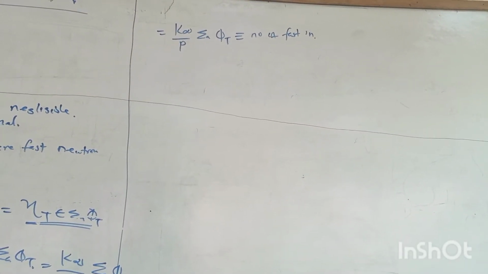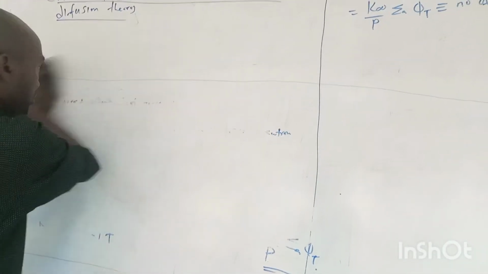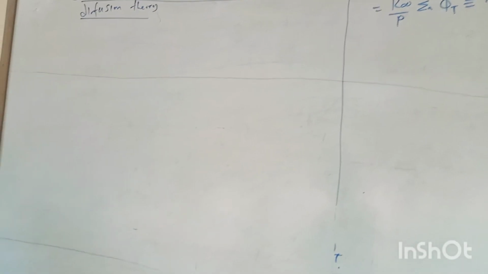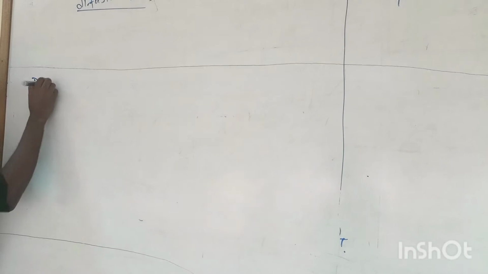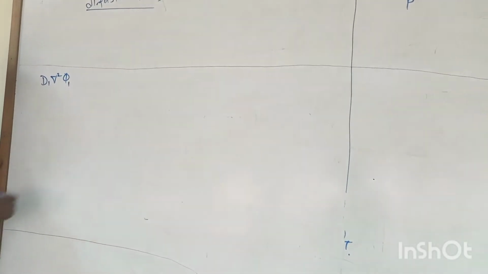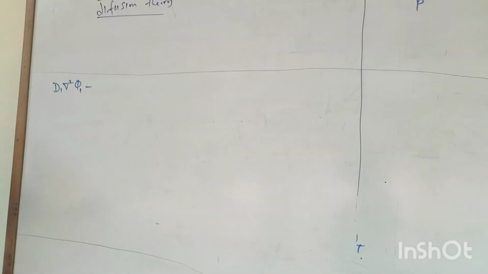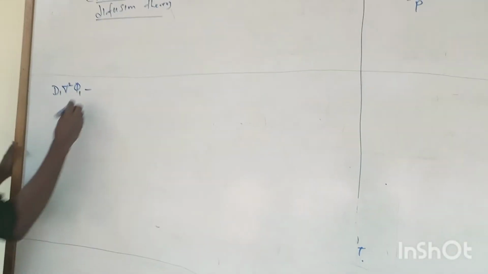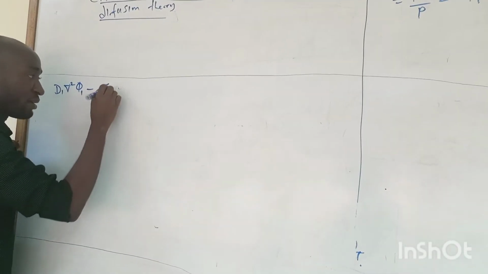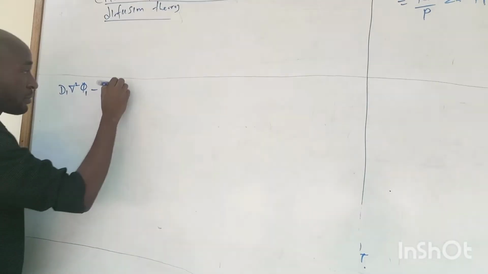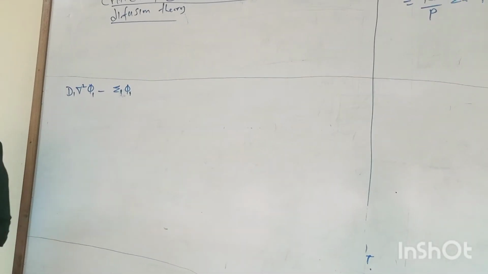Okay, let's now return to our normal diffusion equation. For the first group, we write D1 ∇²φ1, but we say there is no absorption in the first group. But there is a scattering down, minus Σ1→2 φ1, which I'll just write as Σ1. But what is the source? What is the total number of fast neutrons that we have?